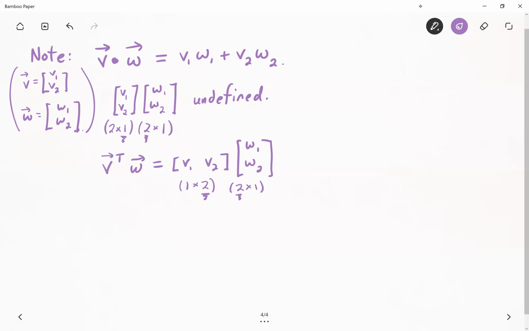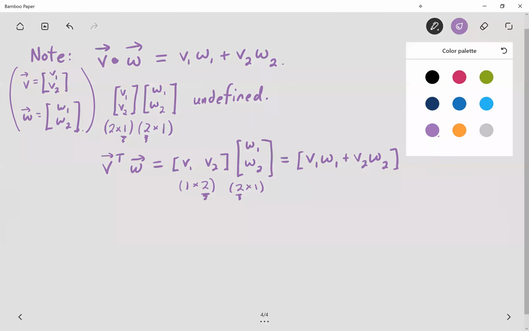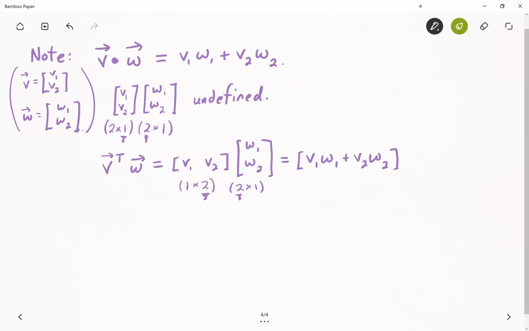The inner dimensions are compatible, so the result will be technically a 1 by 1 matrix. This would be v1 times w1 plus v2 times w2. And in general, when we have a 1 by 1 matrix, we'll just drop the bars on the side. And so we can just ignore those. And what do you know? This is actually exactly the dot product.